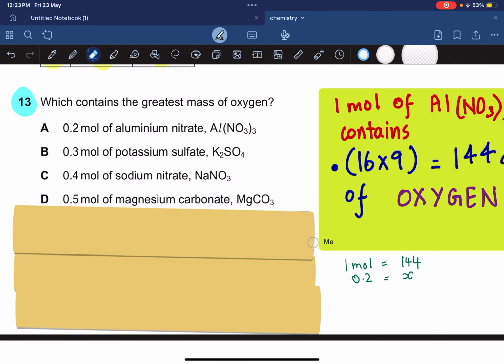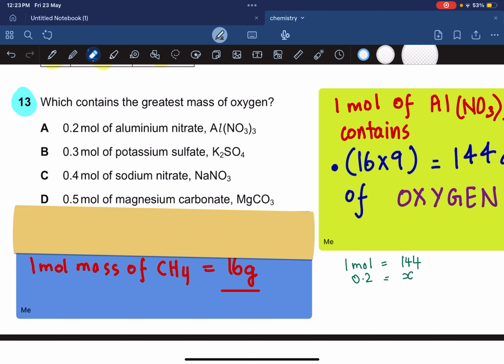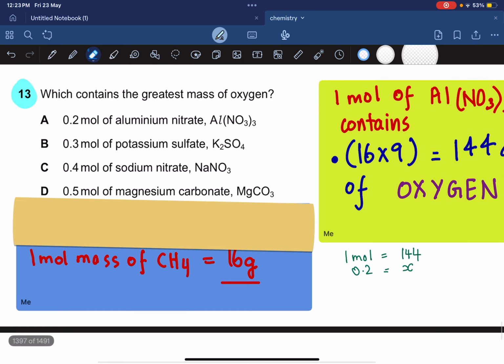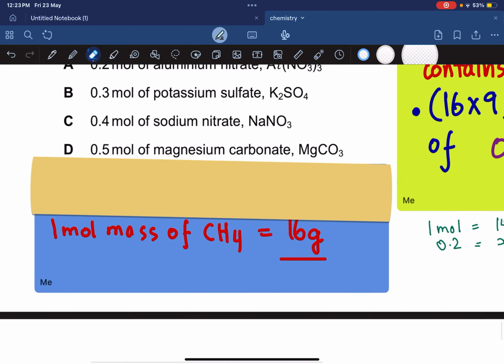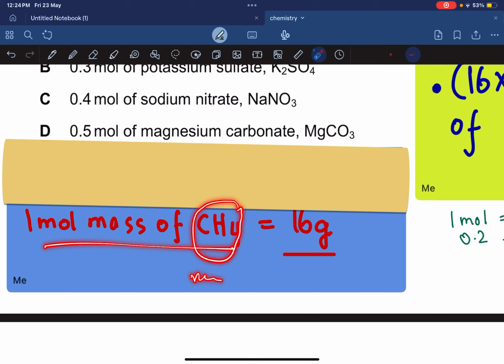Another thing that you have to understand is that the mass of 1 mole of any substance equals the Mr of that substance. So the mass of 1 mole of CH4 or methane is going to be 16 grams, because that's the Mr of that thing.